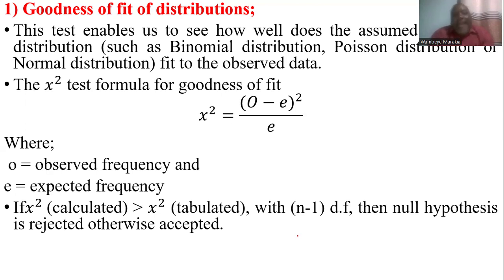If the chi-square calculated is greater than the tabulated chi-square with a given number of degrees of freedom, then we reject the null hypothesis. But if the chi-square calculated is less than the tabulated chi-square with a given number of degrees of freedom, then we accept the null hypothesis.